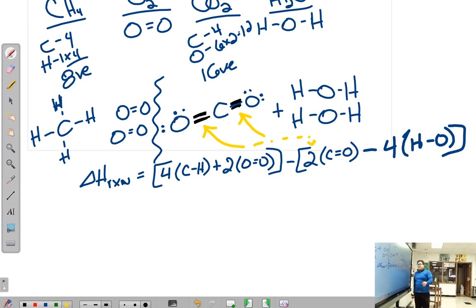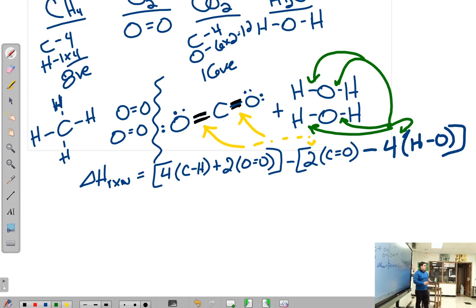And then we have 4 hydrogen, 1, 2, 3, 4 of the oxygen hydrogen bonds. Cool? That makes sense. That's why I recommend you draw them out, because you can see them. There's other ways to do it, absolutely. You do what's comfortable for you. I find the most successful one is just drawing the molecules out.